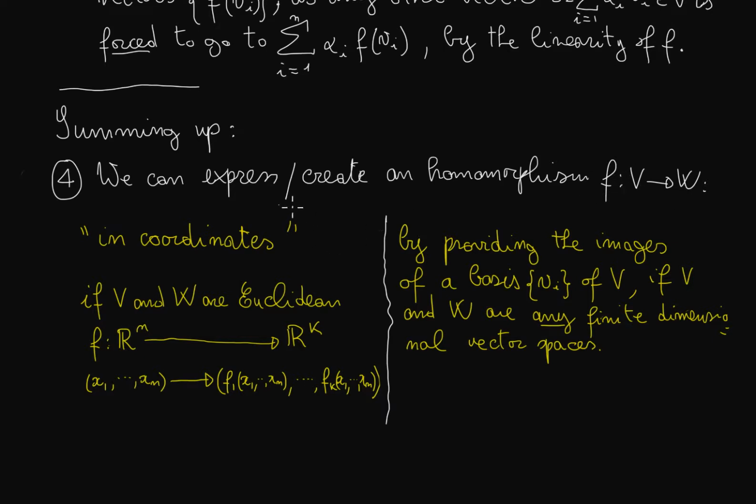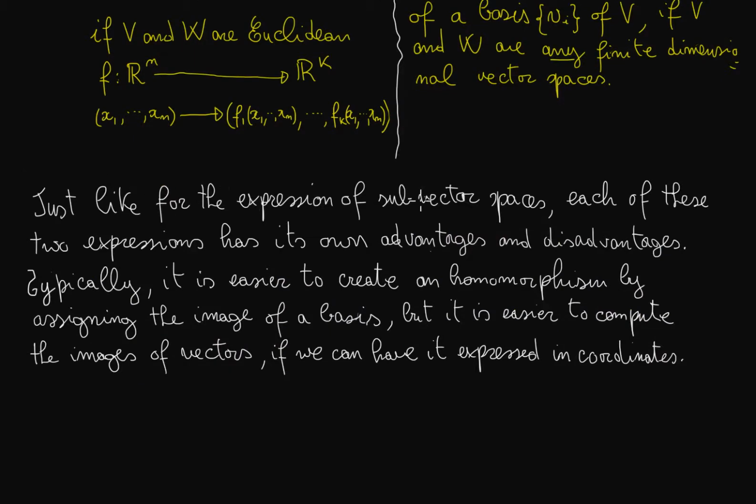The option of coordinates exists only in the case the vector spaces, domain and codomain, are Euclidean. Just like for the expression of subvector spaces, each of these two expressions has its own advantages and disadvantages. Typically, it is easier to create a homomorphism by assigning the image of a basis, because we have the freedom of choosing the basis.